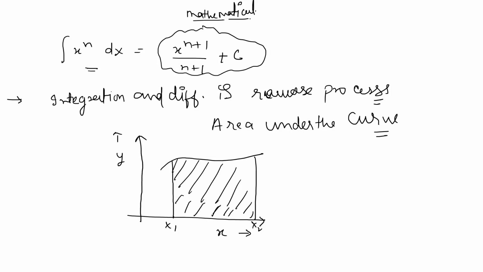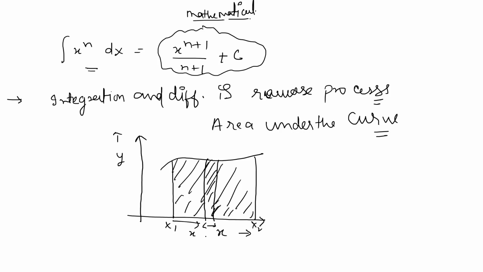Now we divide it into rectangles of a certain area. First we divide it into small rectangular areas. Let's take this rectangle at a position x.